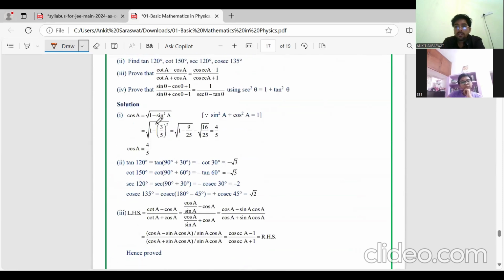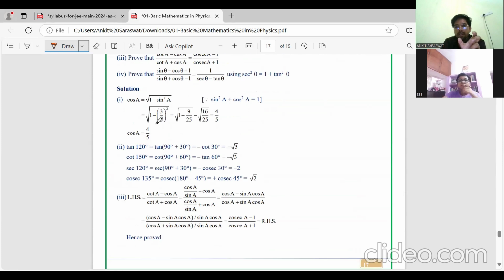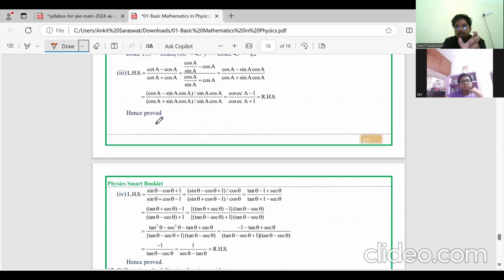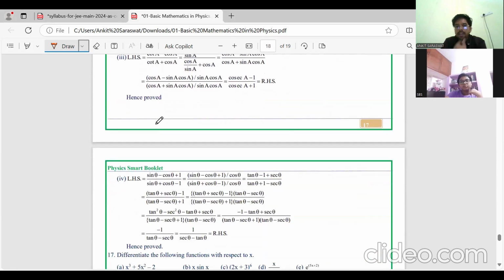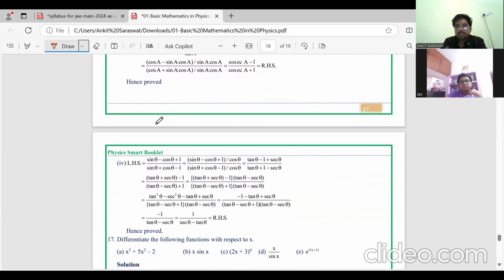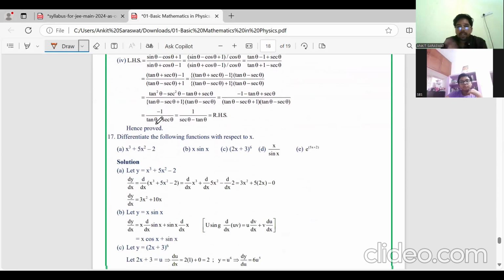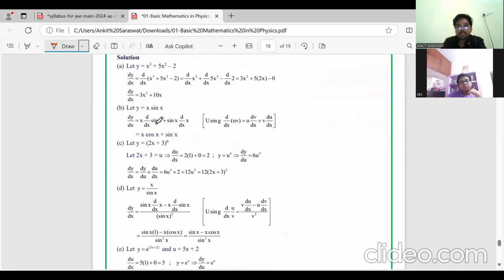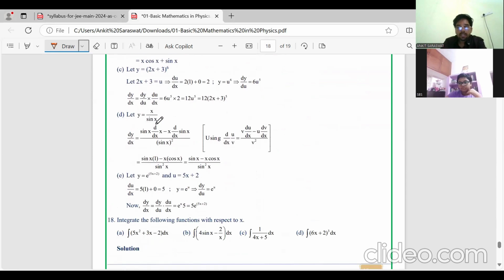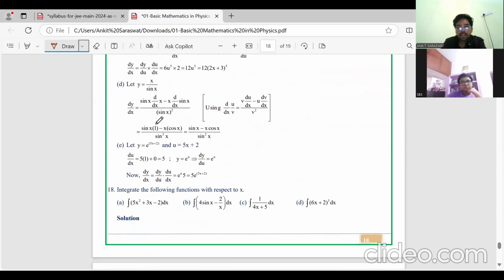If I'm saying solve these PDF questions, it means you have to solve. If you have any doubt, please consult your math teacher, or whenever I have time, I will discuss. But actually, I want to discuss my portion, otherwise we will be late. This is the math teacher's work, so he will guide you in a better way.